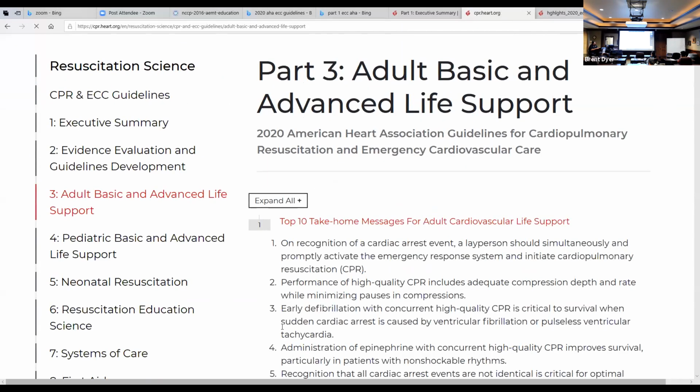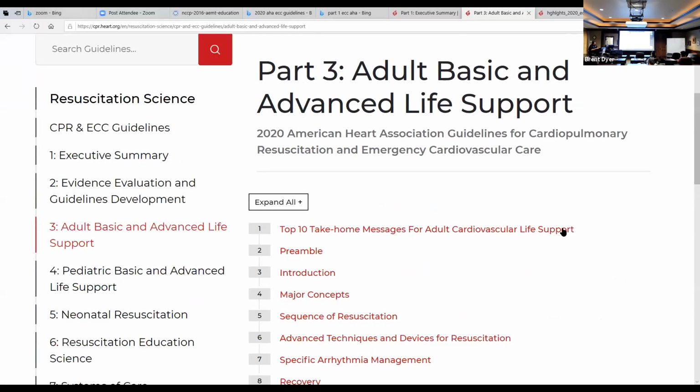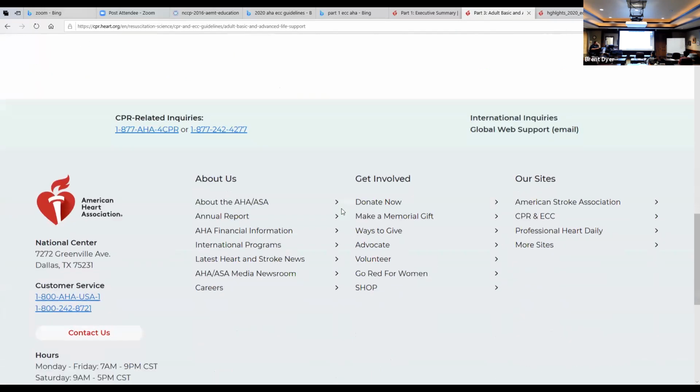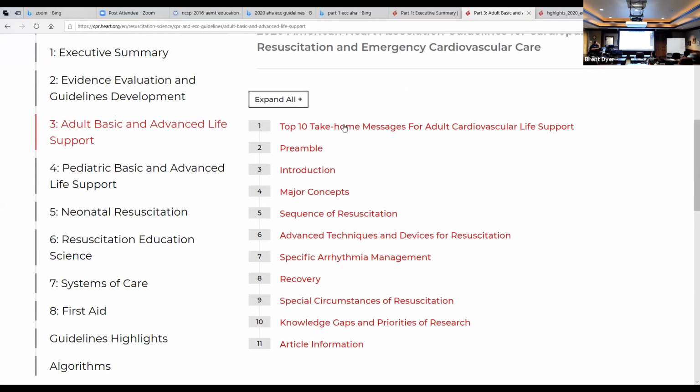Here we go. All right, let me scoot this over so everybody can see what I'm looking at. It goes into subsection after subsection. When you click one thing, it opens up some more, but look, you need to read into them. The top 10 take-home messages for adult cardiovascular life support.